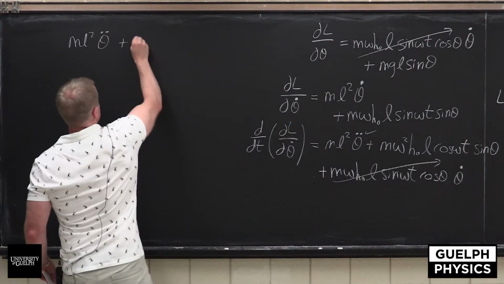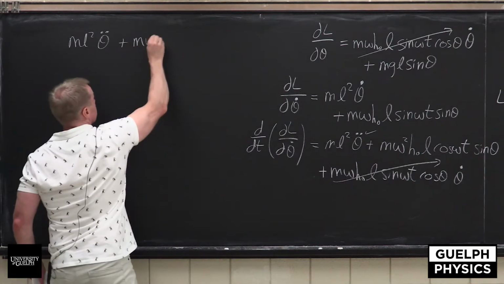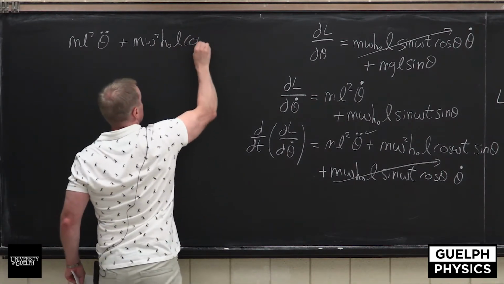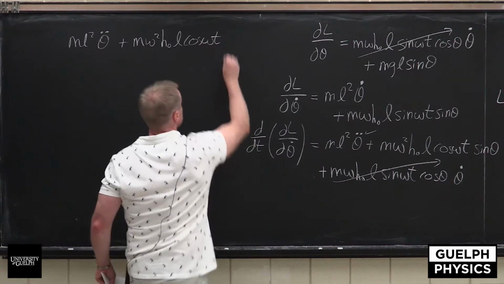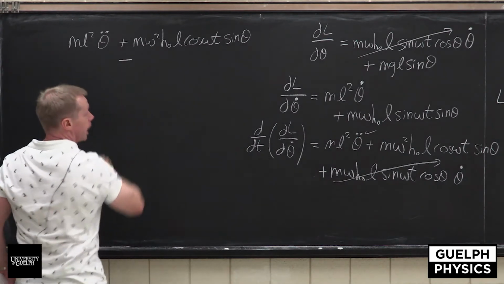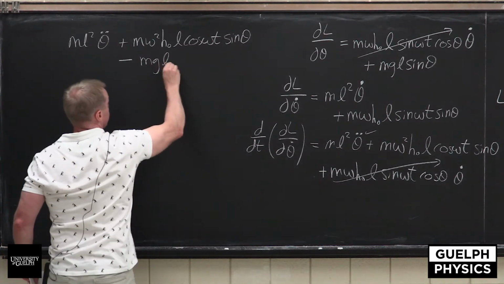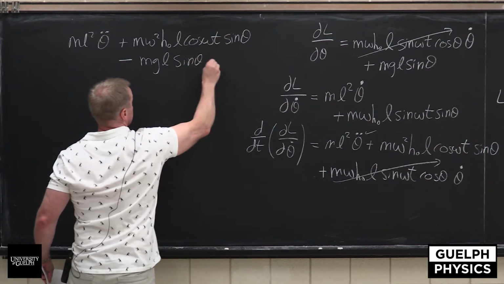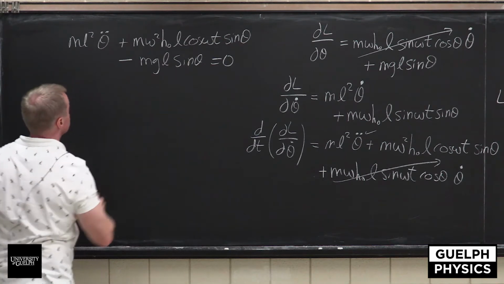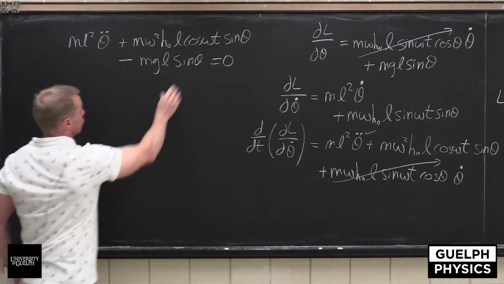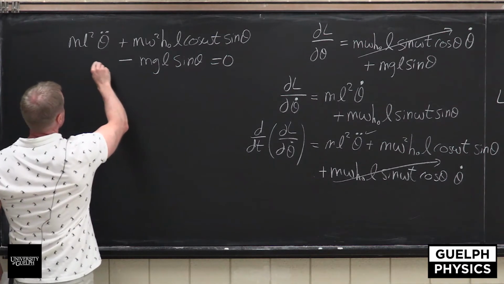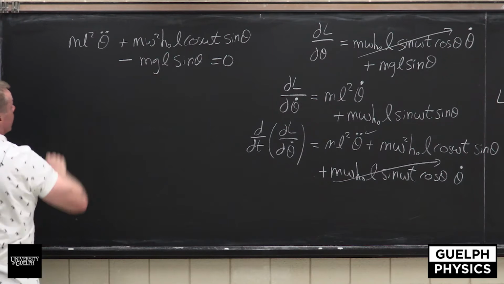And then a plus m omega squared h naught L cos omega t sine theta, and then minus an mgl sine theta is equal to 0. So I'm going to collect the terms that multiply sine theta. And at the same time, I'm going to divide through by ml squared.